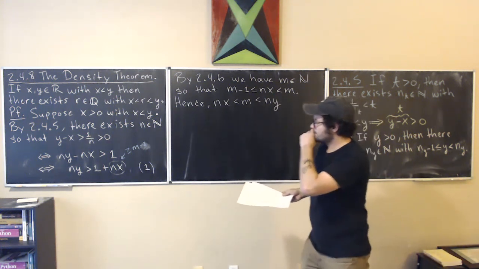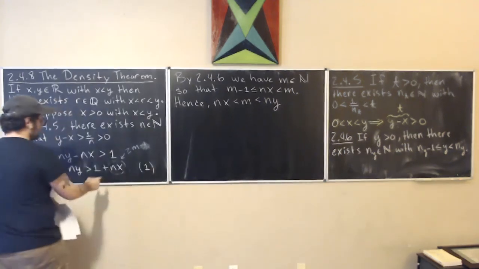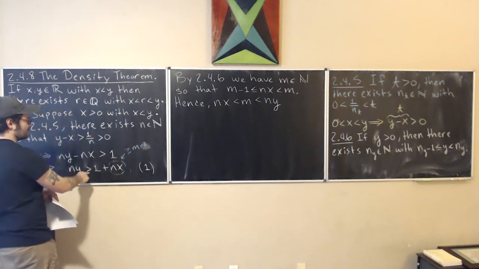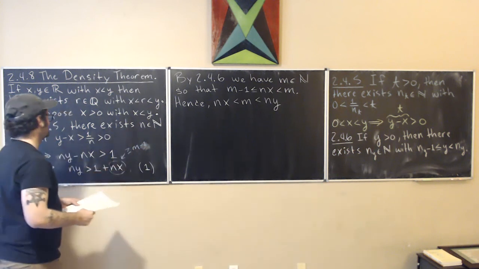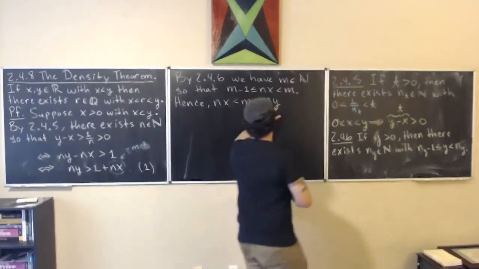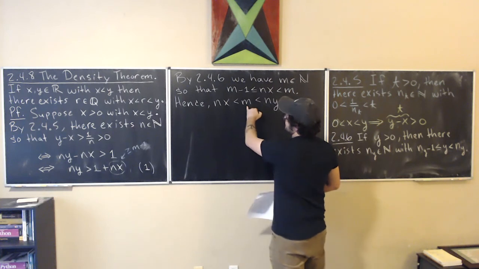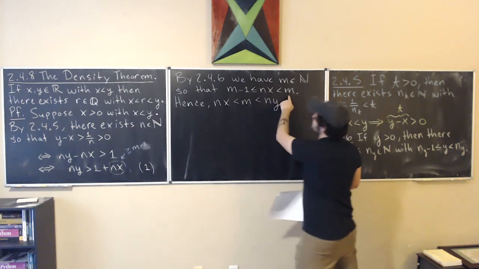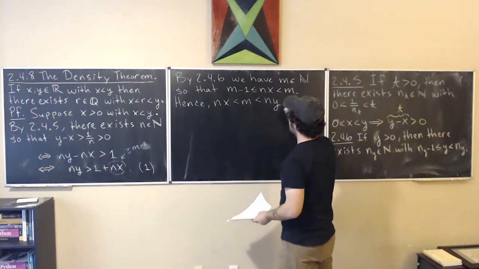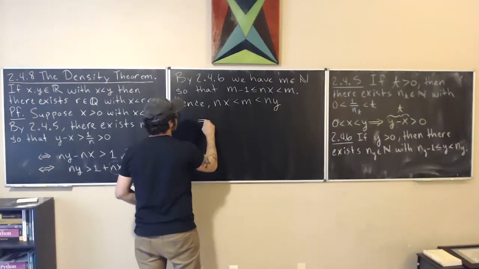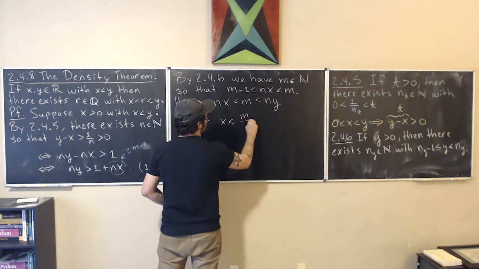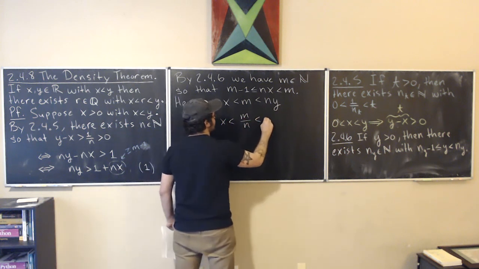So here, if I replace that by m minus 1, the 1 and the negative 1 go away, so I get that ny is strictly greater than m. So ny is strictly greater than m, and m is strictly greater than nx, right here. So now dividing both sides by n, we get that x is strictly less than m over n, which is strictly less than y.